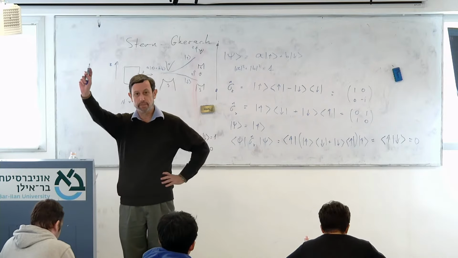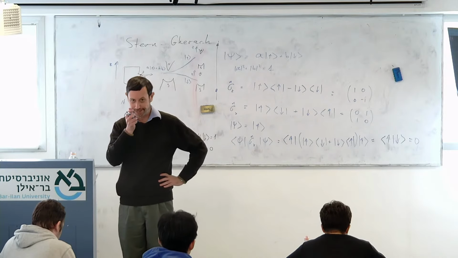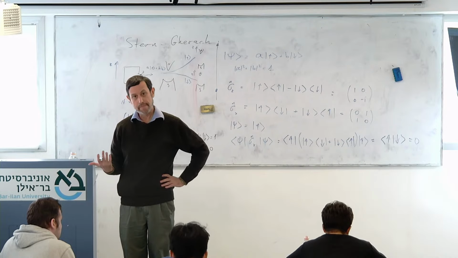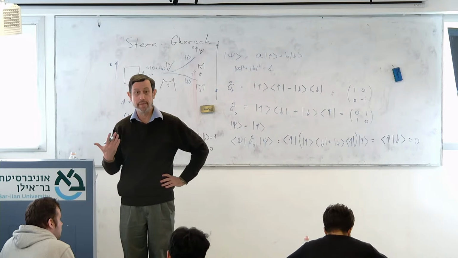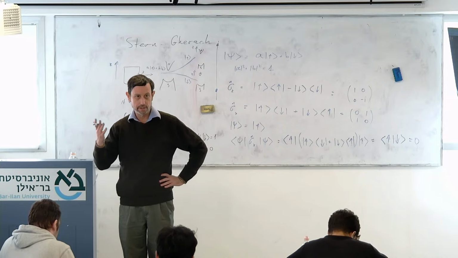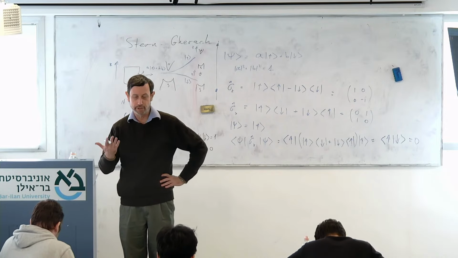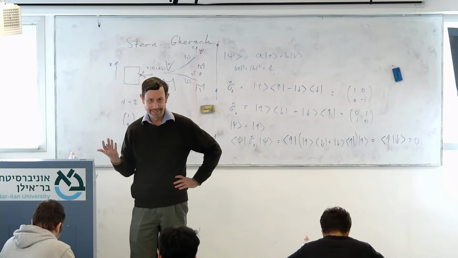Although I'm sure that the spin in the direction of z is up, I know it has the same probability of being in any direction of x, either plus x or minus x, and the average therefore is 0.